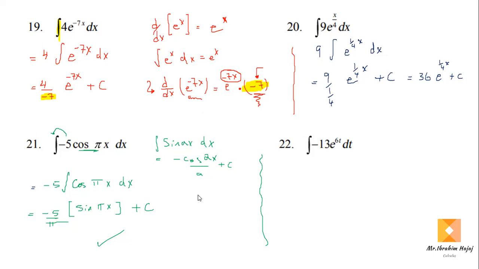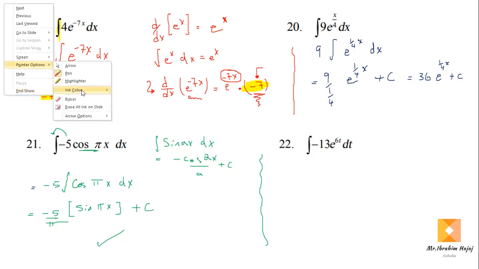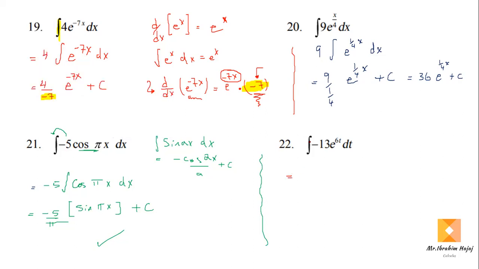It will be negative 13 over 6 e to the power of 6t. The constant, always leave it outside.